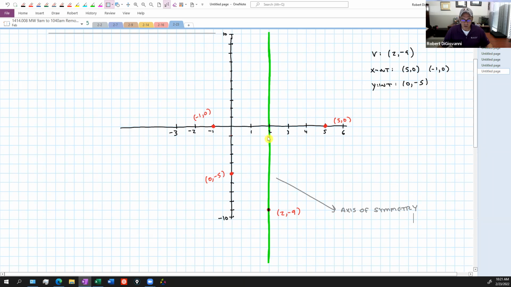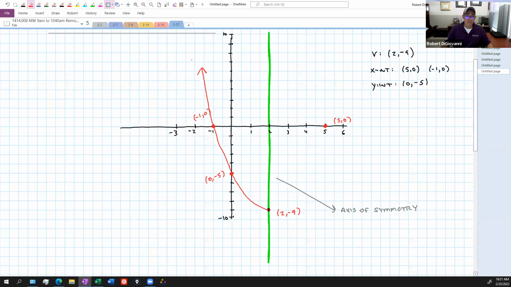When I look to draw this, I notice that on the left side of the axis of symmetry I have 2 points, but on the right side I only have 1. So I'm going to draw the left side first because I have more information over there. I'm going to draw a U-shaped curve like this, continue it on and put an arrow on it.